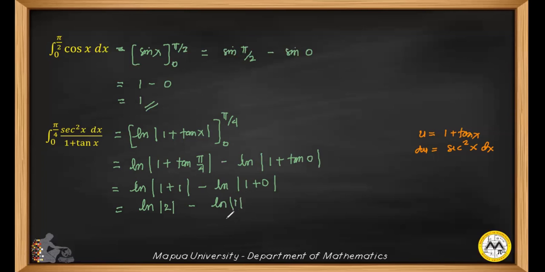Of course, the natural logarithm of 1 is equal to 0, so that we will have natural logarithm of 2. We can simply write natural logarithm of 2 even without the absolute value, minus 0. Therefore, the definite integral of secant square of x dx divided by 1 plus tangent of x from the lower limit 0 to the upper limit pi over 4 is natural logarithm of 2.